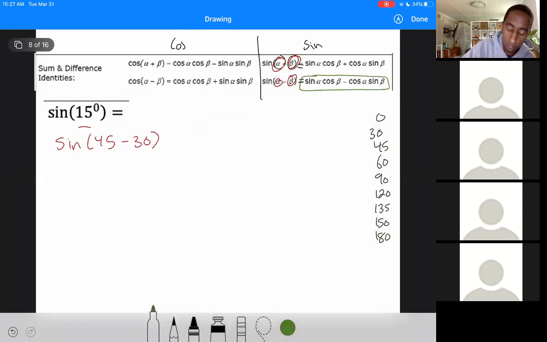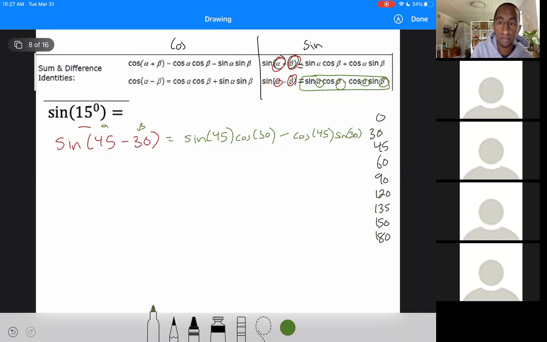So we can rewrite that as sine of alpha, where alpha in this case is the 45, and then cosine of beta, where beta in this case is 30, and then minus cosine of alpha, which in this case is 45, and sine of beta, which in this case is 30, right?